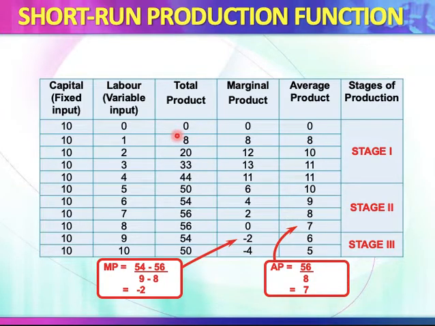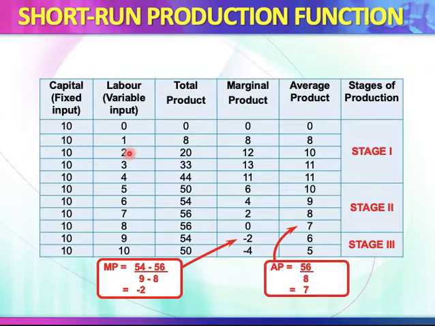As an owner, I think I have to add more labor in order to increase my production. As a businessman, or businesswoman, I aim for maximum product and maximum profit. So I employ a second person, Bala. Now my staff becomes 2.